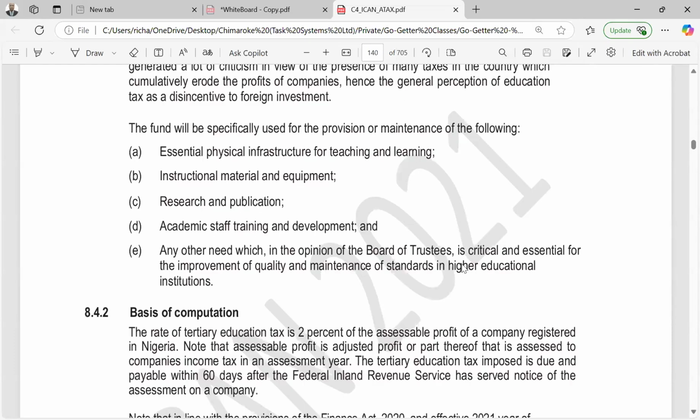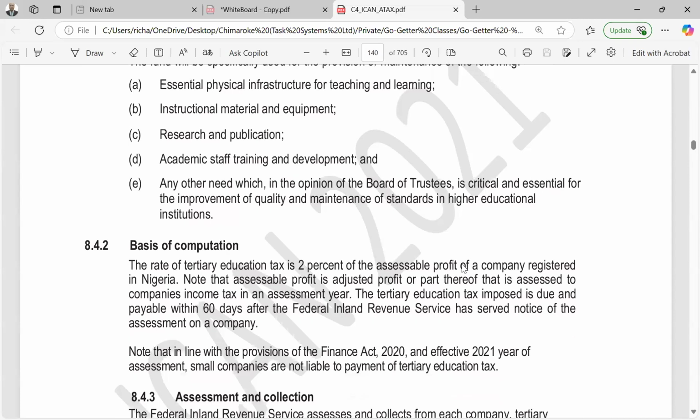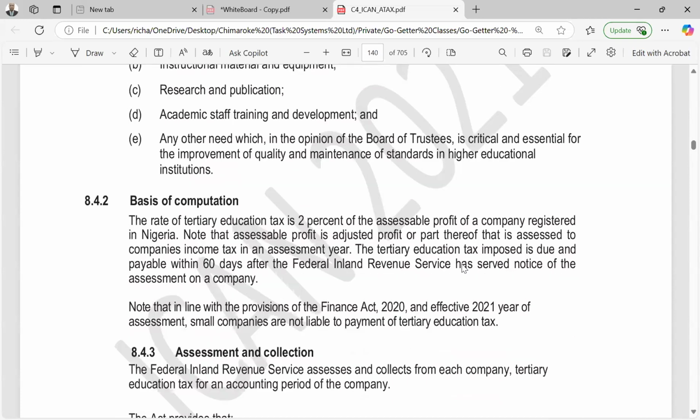All right. Then we have academic staff training and development. Now, the basis for computation is 2% of the accessible profits of any registered company in Nigeria.